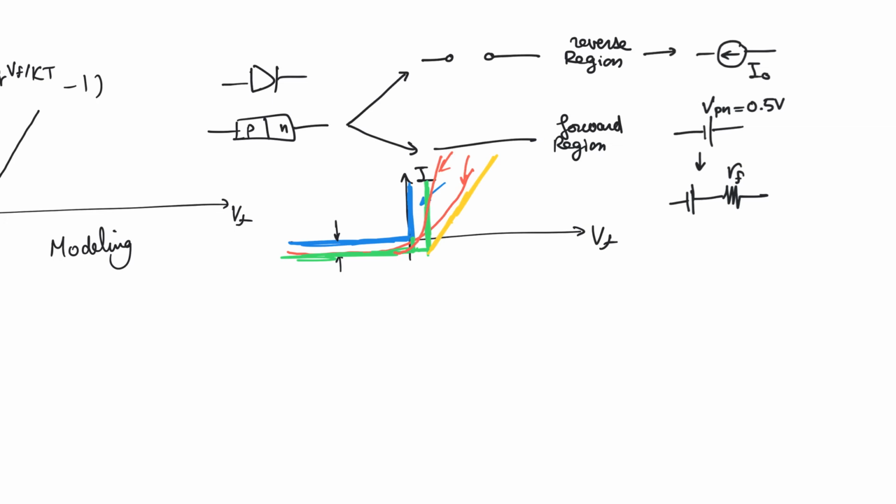Now, what I'm trying to say is that in the trade-off between complexity and simplicity, we are often going to trade off complexity for the sake of simplicity. We're always going to prefer simplicity because simplicity allows us to develop intuition, and intuition allows us to develop the ability to make design decisions.